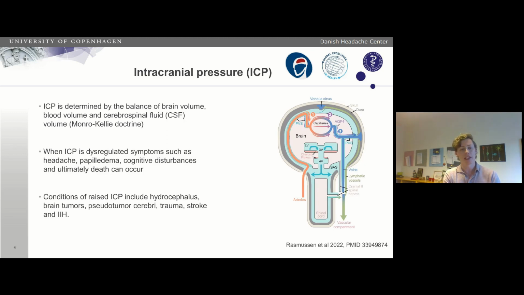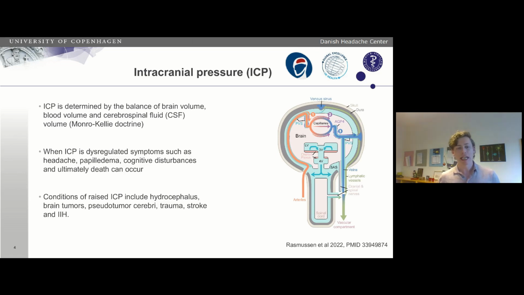So what is intracranial pressure? As the name would suggest, intracranial pressure is the pressure within the cranium. This is determined, according to the Monro-Kellie hypothesis, by the volume of the brain, blood volume, and the cerebrospinal fluid, and the fact that the cranium is a rigid box, so any change in volume there will increase pressure because of the lack of compliance of the bone to expand or contract with pressure.